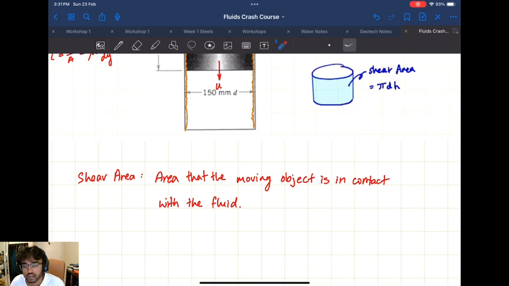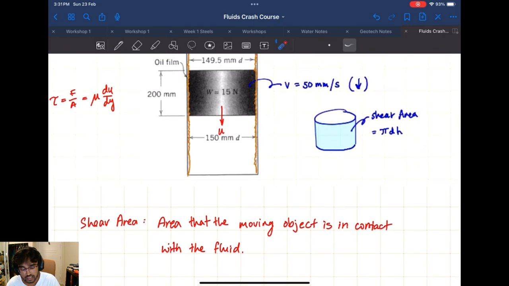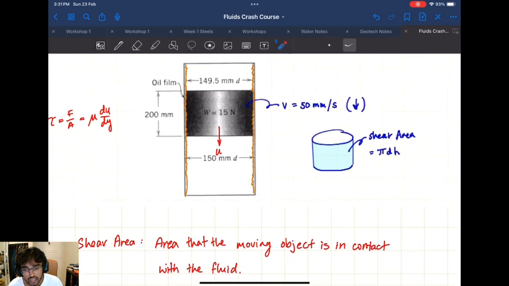Exclude the fixed plates, don't even think about them. Just think about the moving plate. Think about how much of that moving object is in contact with the fluid, because there has to be some sort of shear action going on between the moving object and the fluid. So we only think about the moving object.